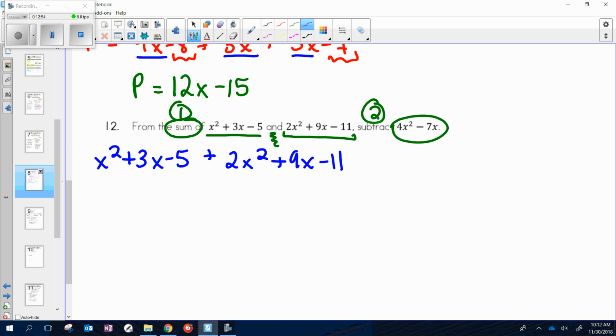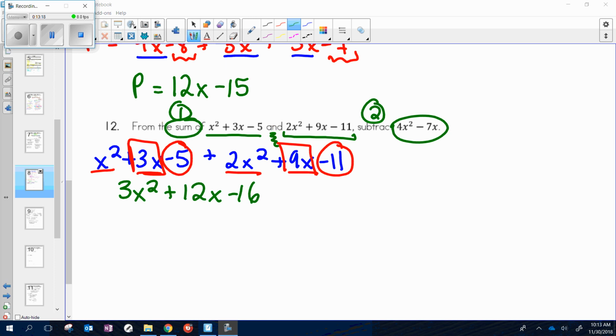Since this is addition, I don't need those parentheses, and we can just start combining our like terms. X squareds, my x's, and then my constants. If you're using shapes to outline each individual term, make sure you're including the sign in front of the number. After adding and combining those like terms, we get 3x squared plus 12x minus 16.